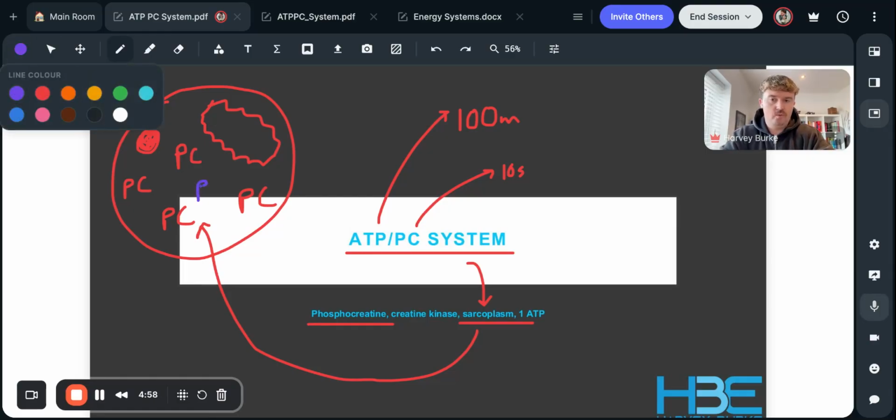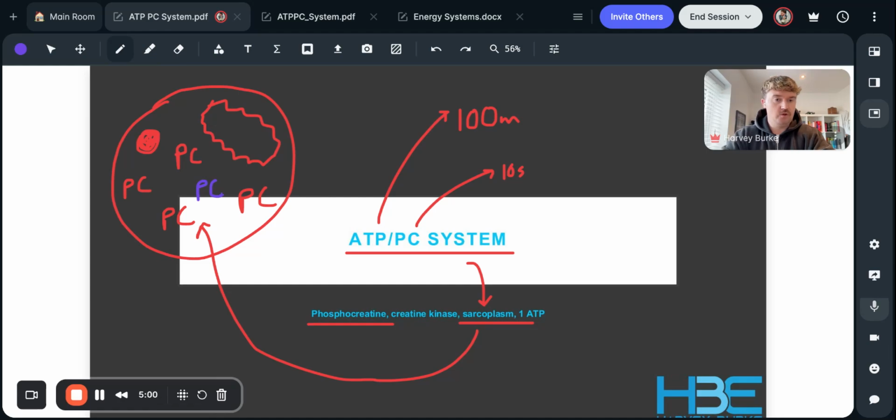If I draw in purple what would happen if you supplemented with creatine, it would simply allow you to store even more phosphocreatine in the sarcoplasm. That is the sole benefit of creatine supplementation. It increases your phosphocreatine stores, and that will then hopefully prolong the use of this ATP-PC system. So instead of only being able to use it for 10 seconds, you might be able to use it for 12 to 15 seconds, let's say.